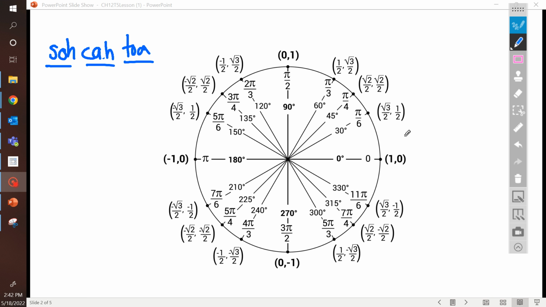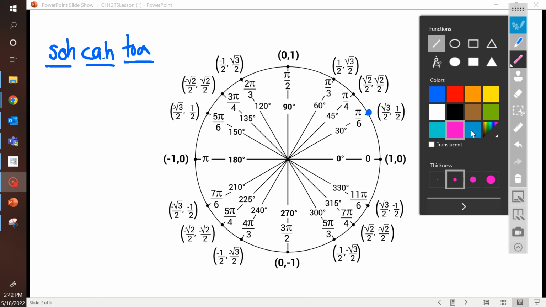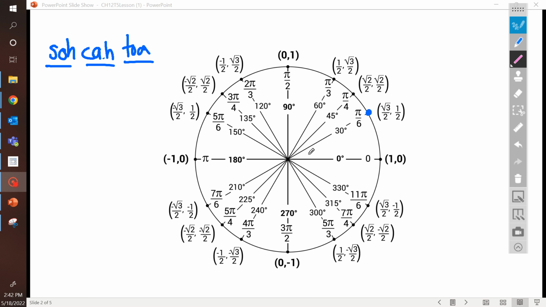Now, if you think of a point on the unit circle, for instance, here is a point on the unit circle, you can think of this as creating a right triangle with a 90-degree angle. The distance that you go over to get to this point is simply the x-coordinate, in this case square root 3 over 2.